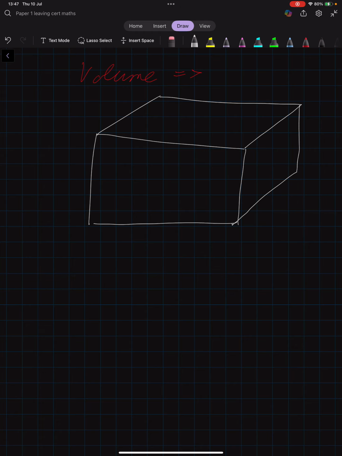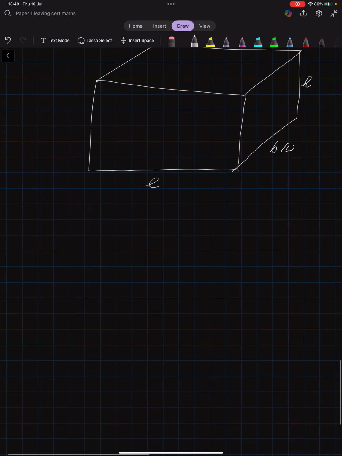So you would say this is the length, this is the breadth, and then this is the height. You could also call this the width if you wanted to. So whichever one you want. But the volume is simply L multiplied by B multiplied by H, or L multiplied by W multiplied by H. So just multiply the three lengths together and then off you go.